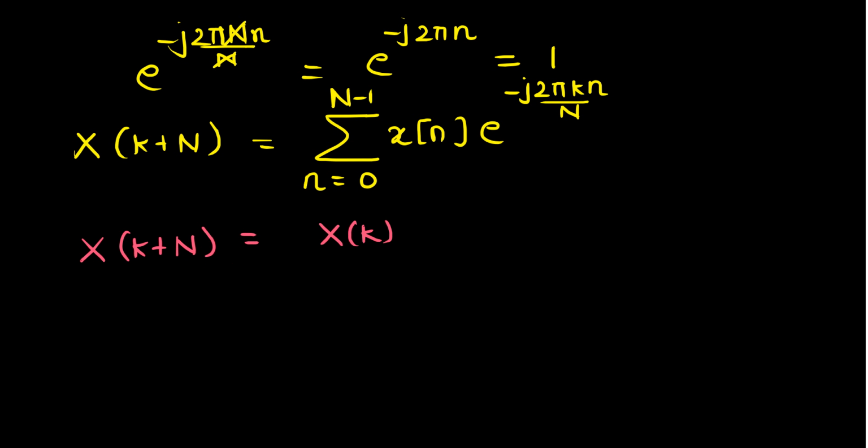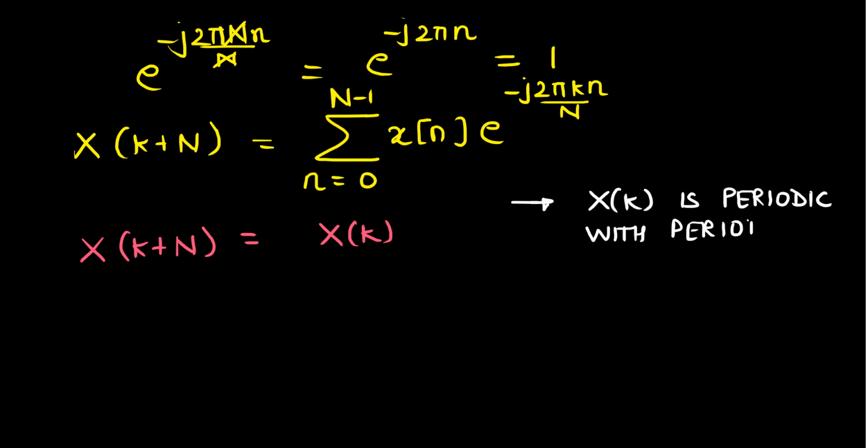This simply means that this X of k is periodic with a period N.